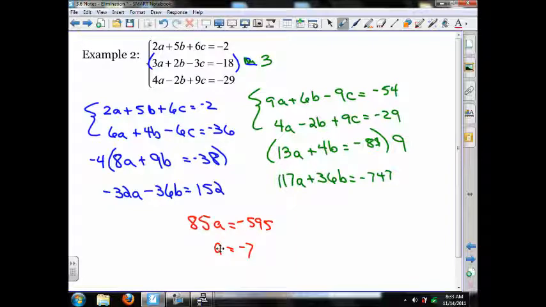Once we've got A, we can get B. Once we have A and B, we can go back to the original equation. Should be able to get C. Maybe over here.